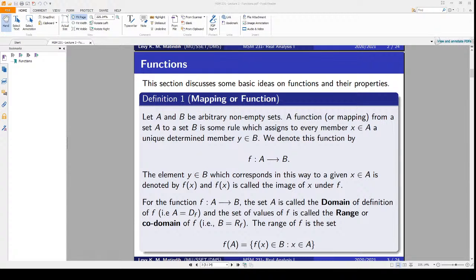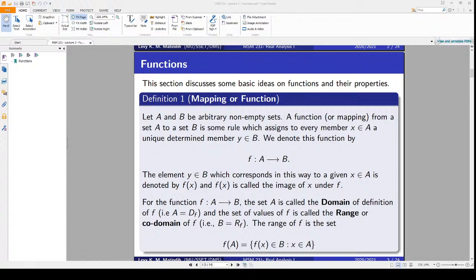In most cases in this topic, we will write it as D subscript f, that means the domain of f. And the set of values of f, which is the set B, is called the range or codomain of f.